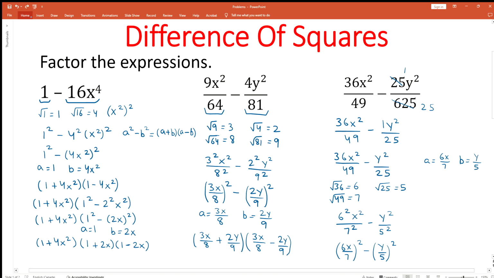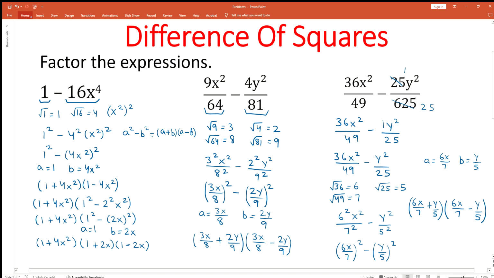So we can write the expression in factored form as shown. We cannot simplify this expression any further, so this should be the final answer for the third expression in factored form.